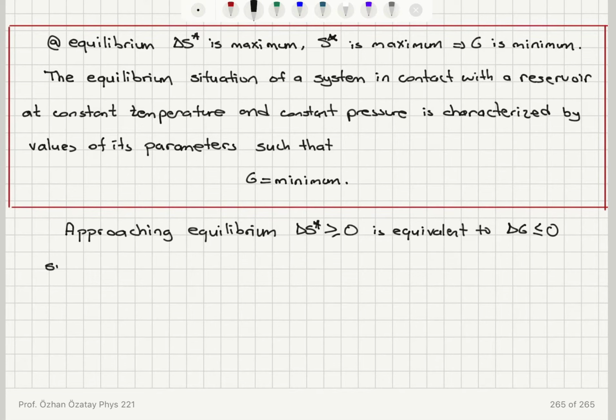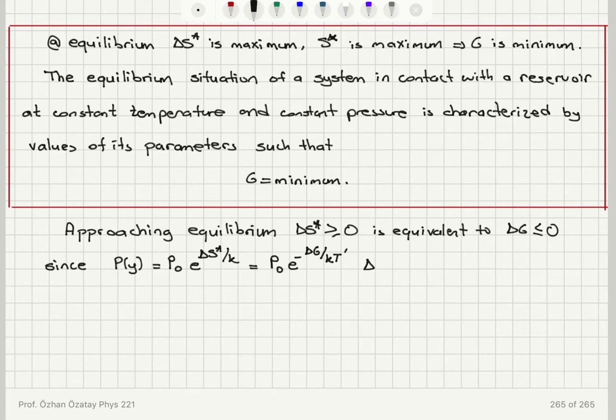And we can also write the probability of y having a certain value in the range y to y plus delta y, which was given as proportional to exponential of the change in the total entropy delta S star divided by k. We can equivalently write this as proportional to exponential of minus delta G, the change in the Gibbs free energy of system A, divided by k T prime, the thermal energy.